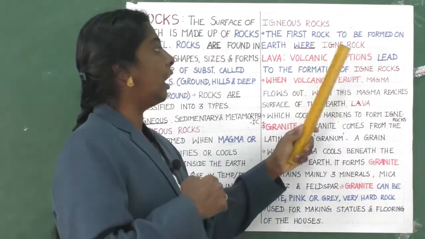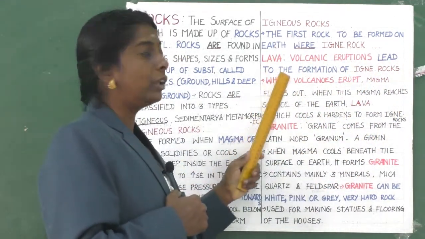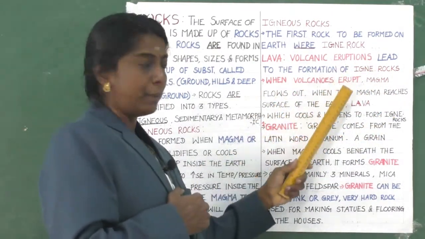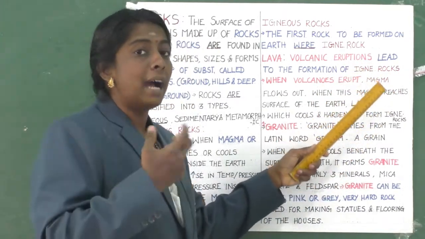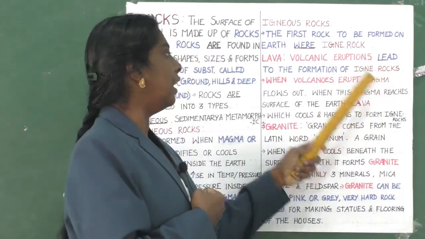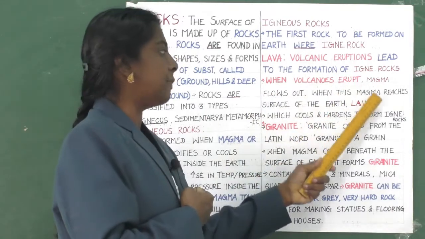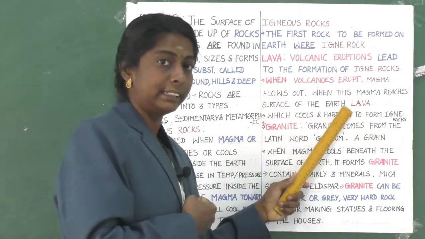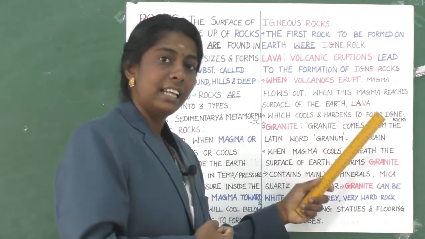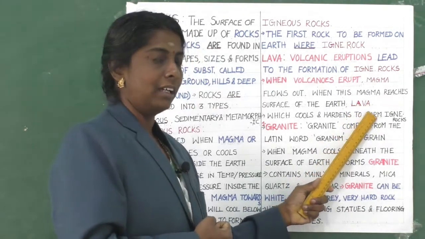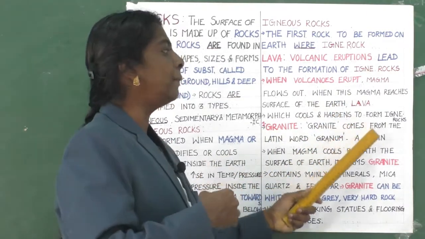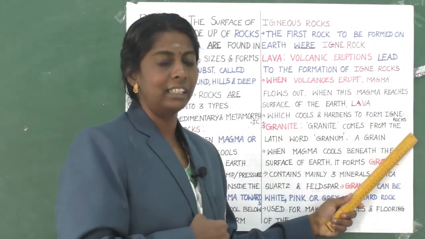When volcanoes erupt, magma, which is hot liquid rock, flows out. When magma reaches the surface of the earth, it is said to be lava. This lava will cool and harden to form igneous rocks. Clear, children? Yes.